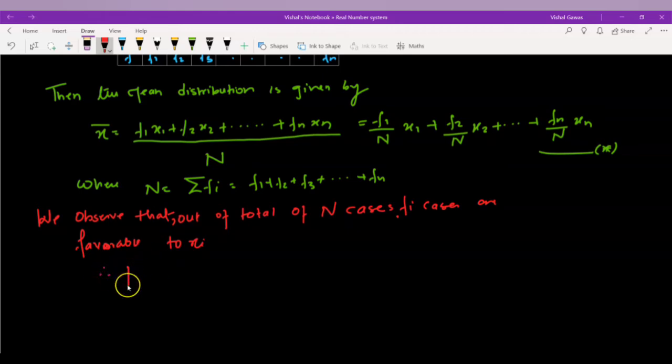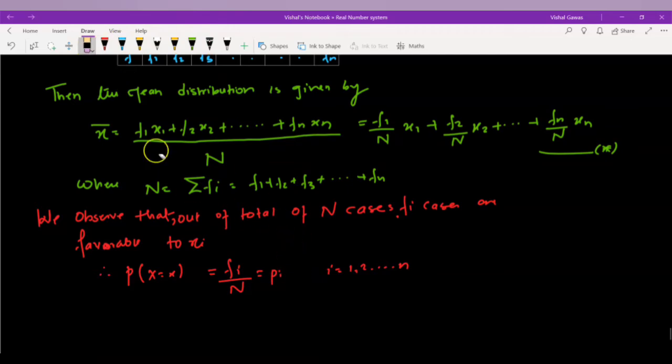Therefore, what happens is the probability of x equal to xi is equal to fi over n, which is equal to, sorry, not xi rather, it's pi, isn't it? Pi, right? Where i is equal to 1 to n.